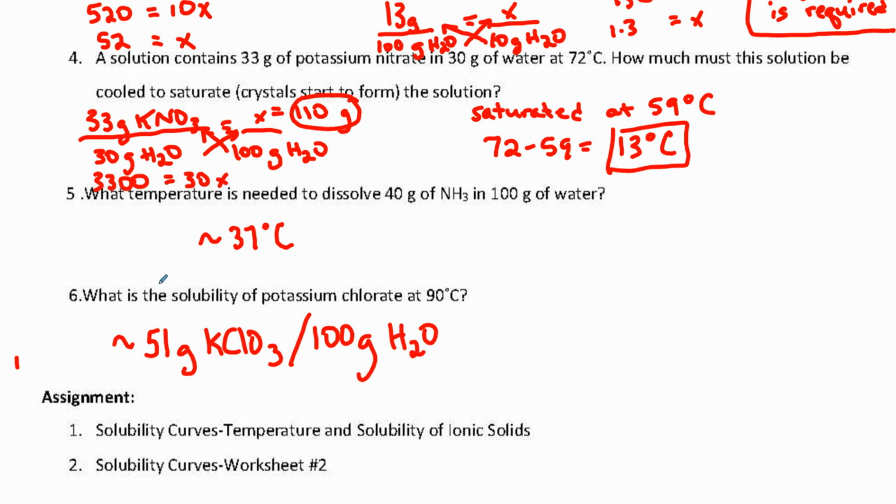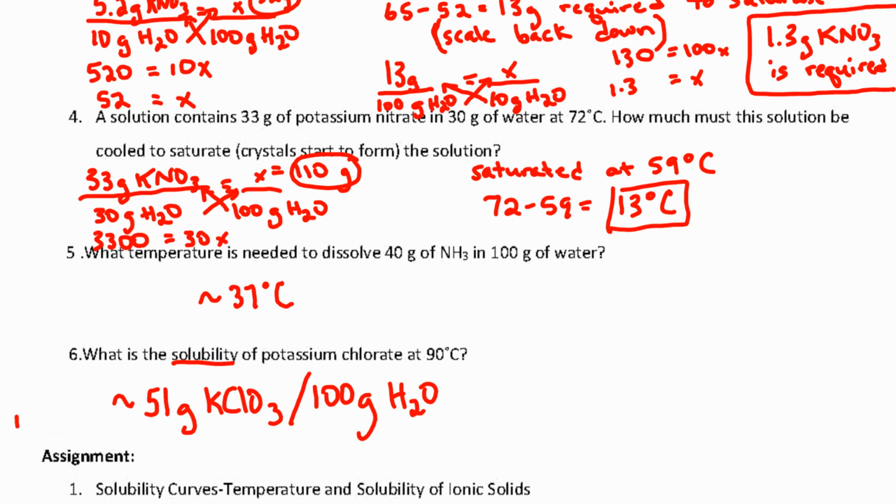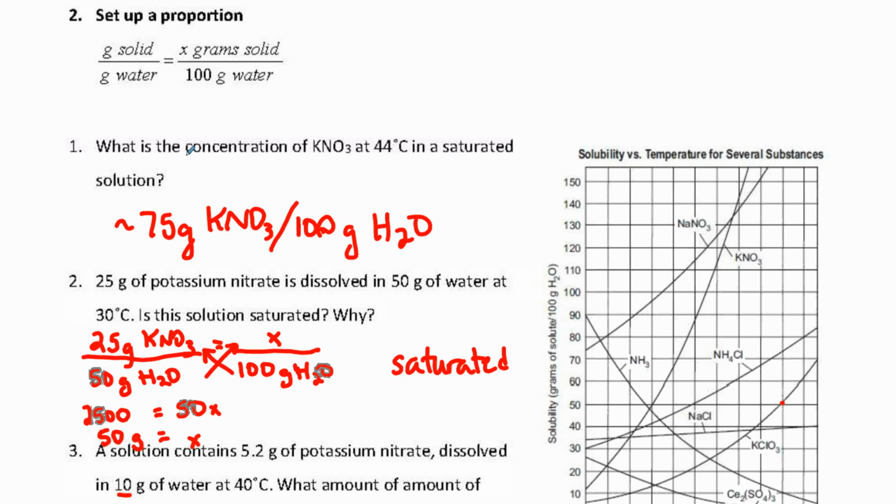Okay, so again, just notice you'll either see this word solubility, or in question 1, we were doing the same thing, but it said concentration. So either one, you're just looking for how many grams can be dissolved in 100 grams of water.